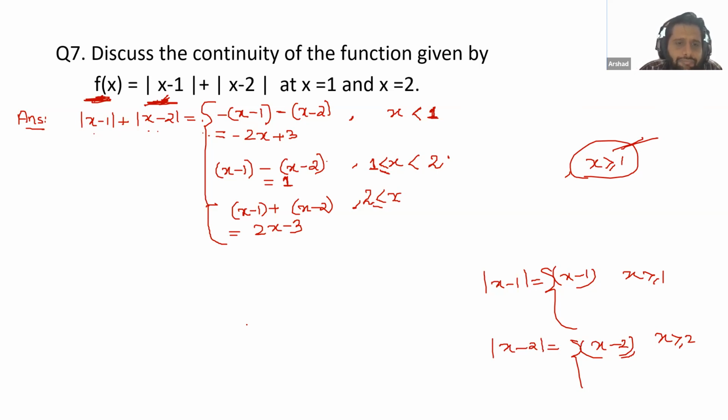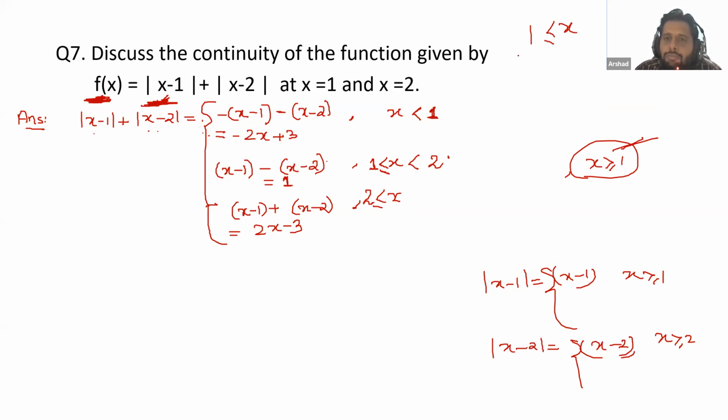Second part. Okay, Fahd, please check the second part. In the first case, we have taken less than 1. That's fine. In the second case, first of all, we have taken x greater than 1. For x greater than 1, we can define the first modulus. That is fine. But what about the second modulus, modulus of x minus 2? How can we define this modulus of x minus 2?